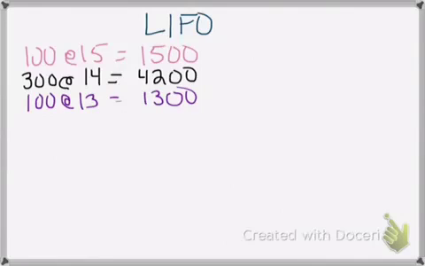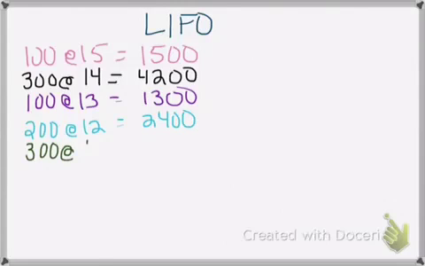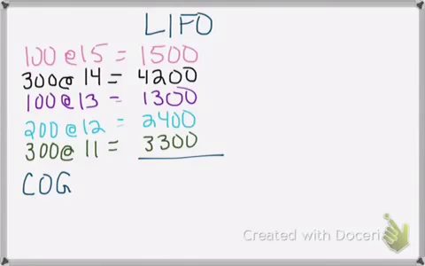The next one that we have is going to be, let's see, the 200 at 12, which is $2,400. And then the last ones that we have under LIFO cost of goods sold would be the 300 at 11, which would be a total of $3,300.